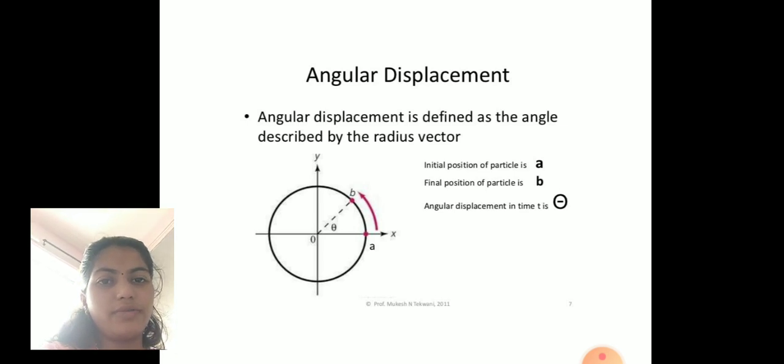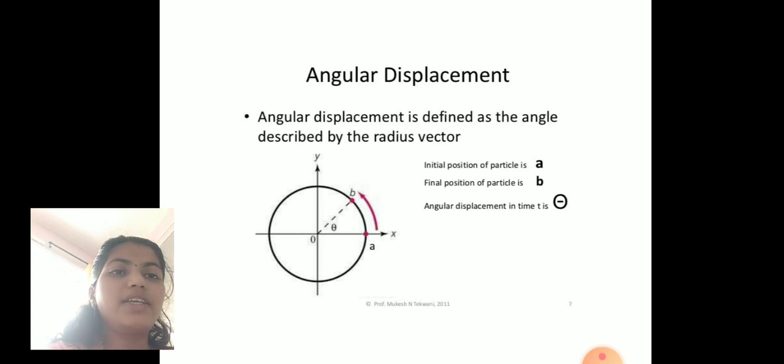These two points joined are known as the radius of the circle, and this radius of the circle is called the radius vector.